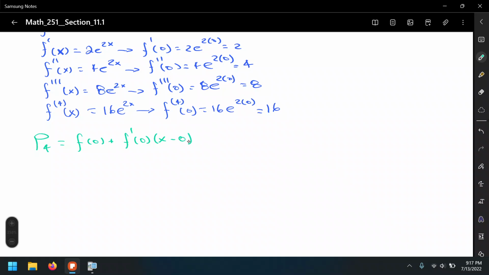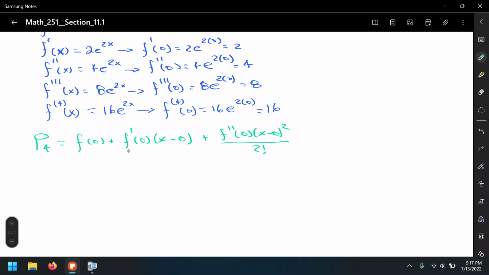Let me write x minus 0. I know it's kind of absurd to write just minus 0, but that's just to illustrate how the center looks, plus f double prime evaluated at 0, x minus 0 squared, the whole thing divided. That's where we start dividing by the factorials.